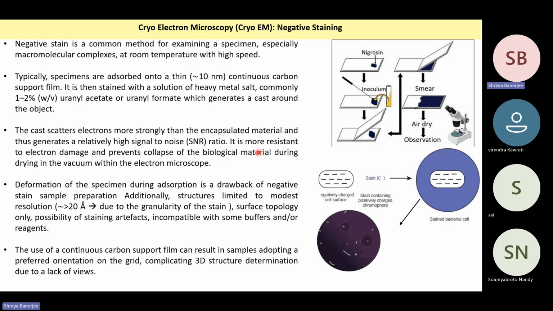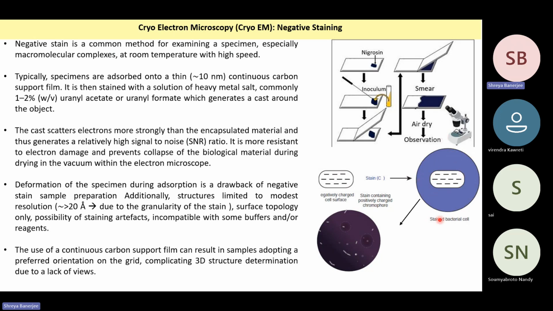So why this layer of the stain is essential is the original cell is not scattering electrons very strongly. So the signal to noise ratio is low, but the stain layer around the cell is scattering electrons very nicely. So you are getting a better image of the cell.